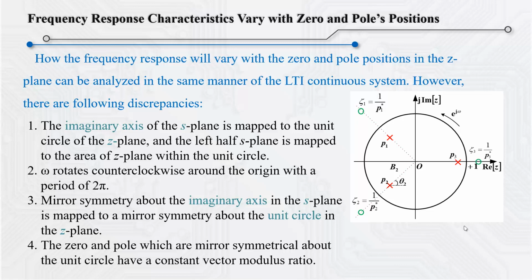Secondly, the angular frequency omega of the discrete system rotates counterclockwise around the origin with a period of 2 pi.